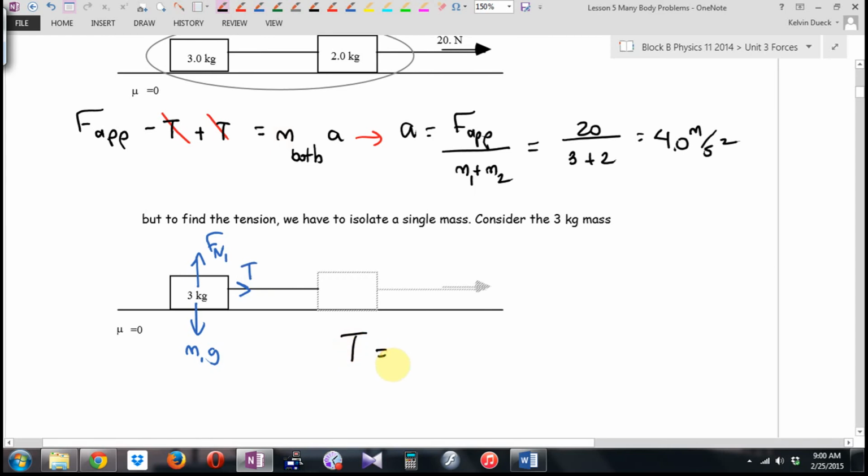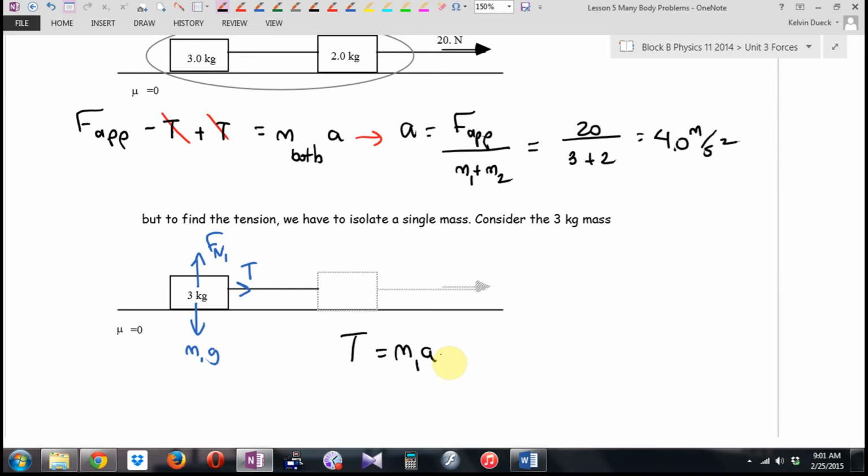So looking at one mass, I can say tension equals. Are we looking at one mass or both masses? One. So it's going to be M1A. It's still MA, but now I modify it to say I'm one mass. Do I know mass 1? 3.